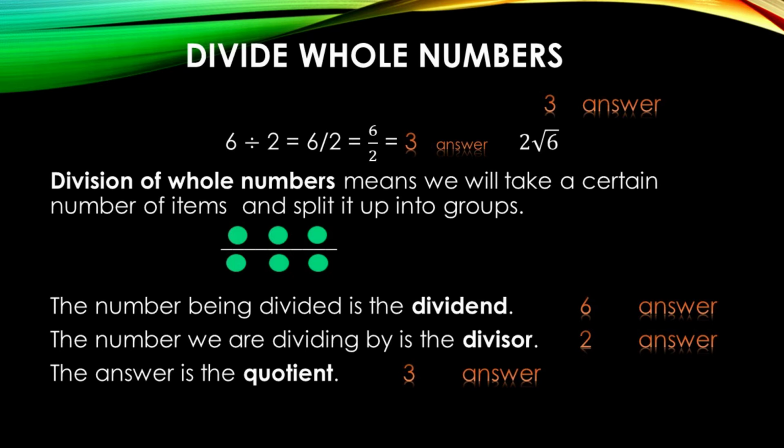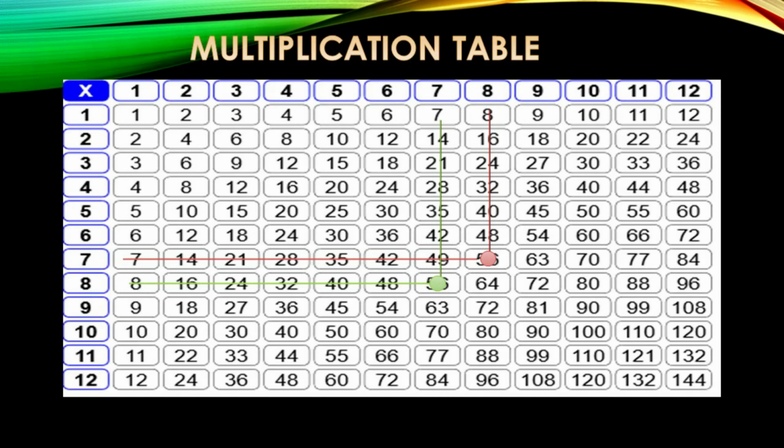Now, before we take a look at some more involved problems, let's go back and take a look at the multiplication table. A multiplication table class can also help us perform long division. For example, if I wanted to know what 56 divided by 8 was, I could use this multiplication table. The first thing I will do is find 56 in the table.